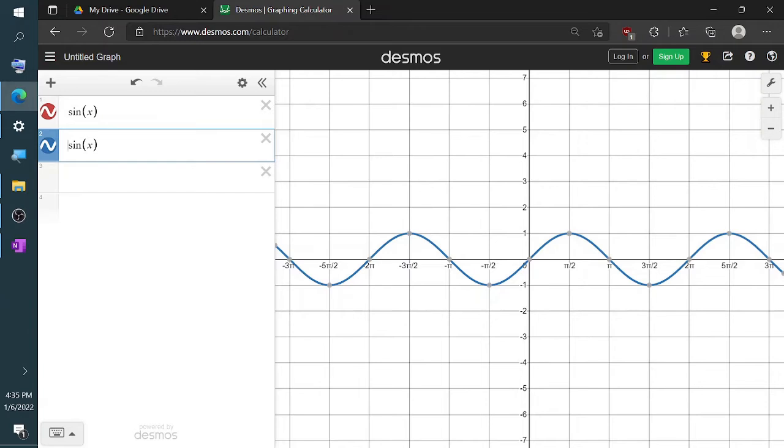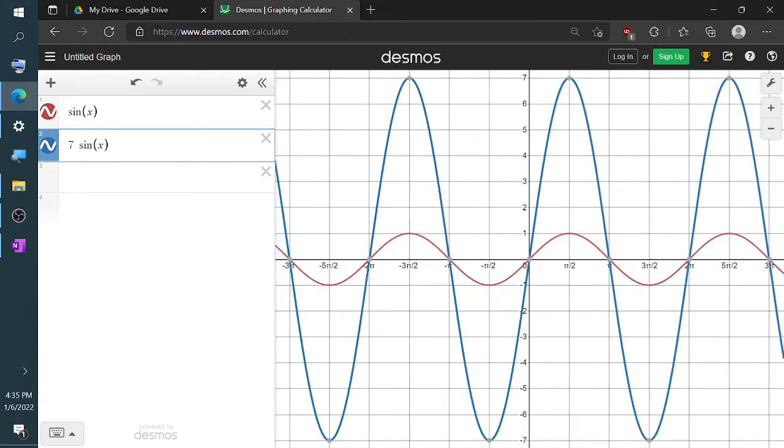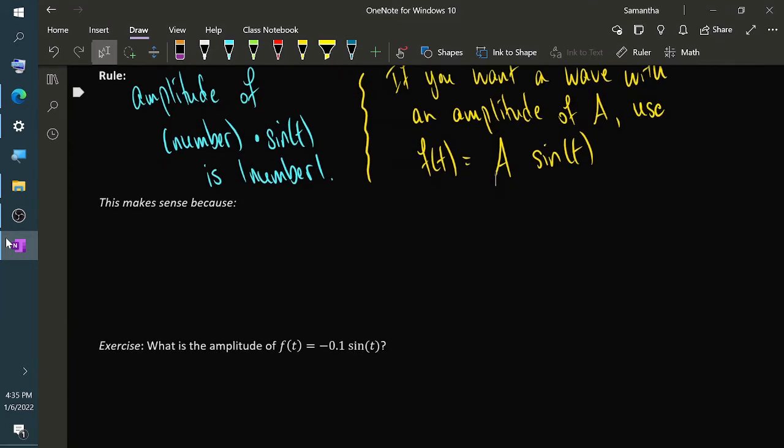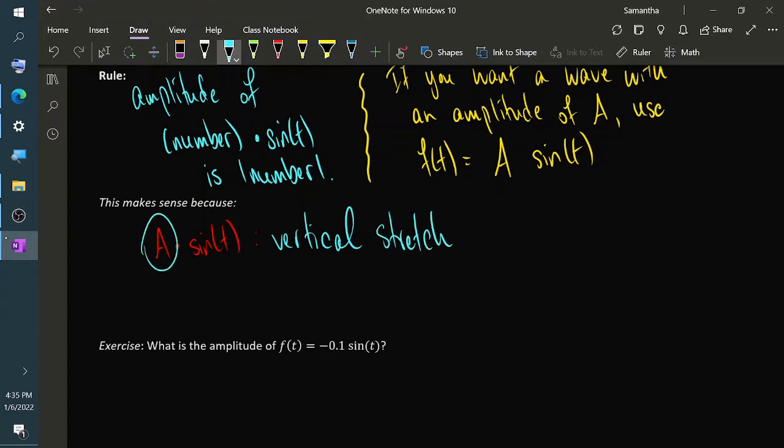The easiest way to achieve that is just to stick a multiplied 7 on the outside of sine, and that will give you a wave with an amplitude of 7 units. When you think back to transformations, this does make sense. When we studied transformations, we learned that when we multiply a function by a number, this causes the graph to be stretched by a factor equal to this number.